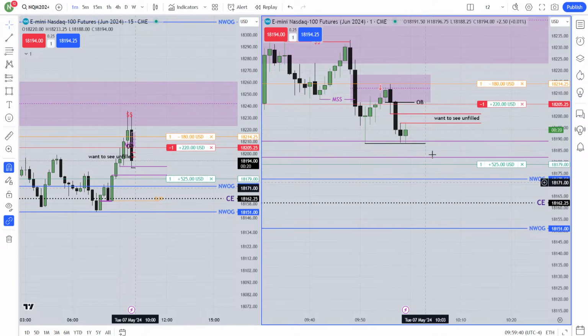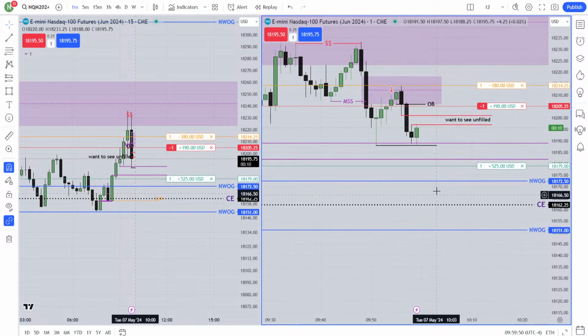Need a big run. Either way, maybe it will stop me out. No problem with that. Maybe it will go lower, but I need a huge run, at least until the high of that new week opening gap.